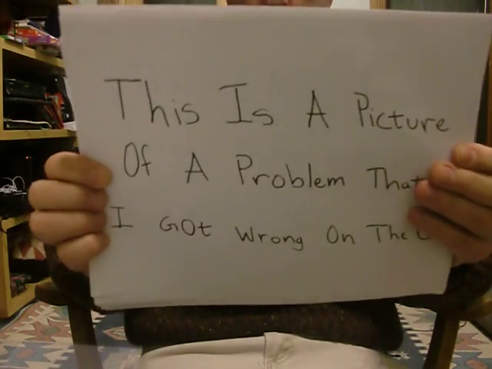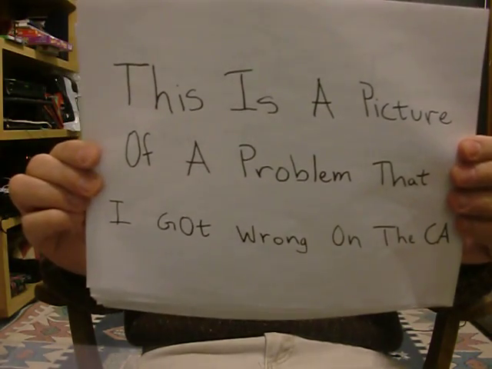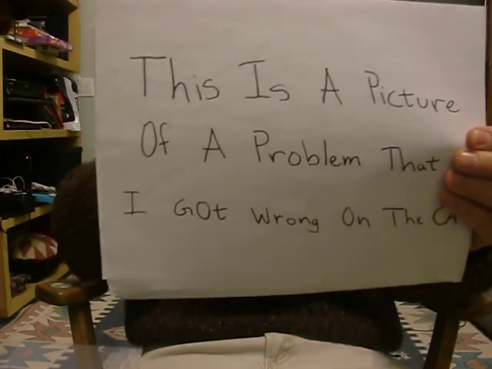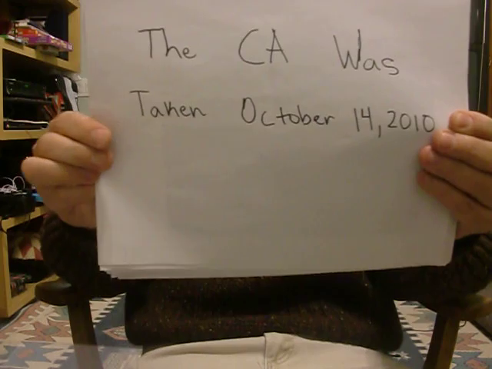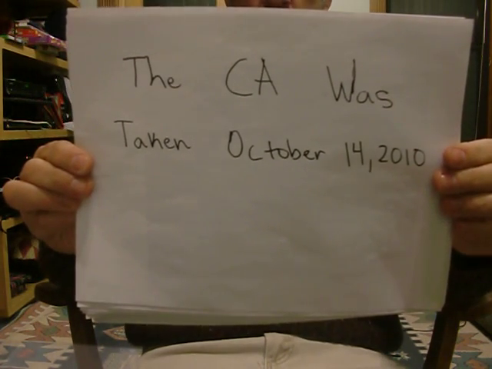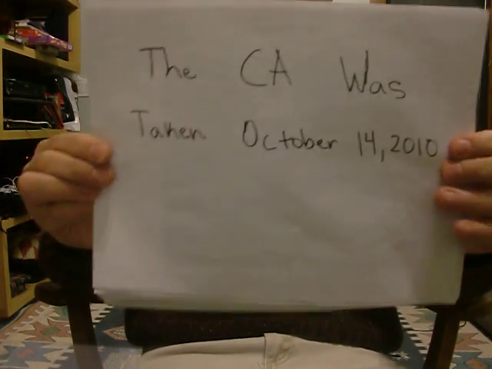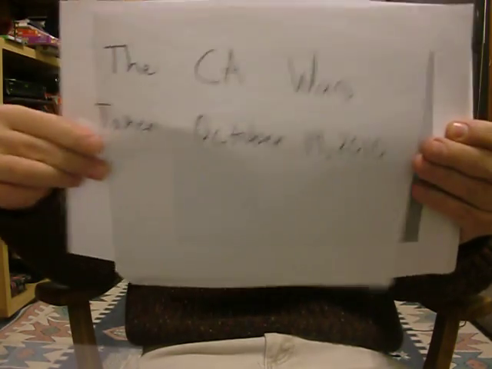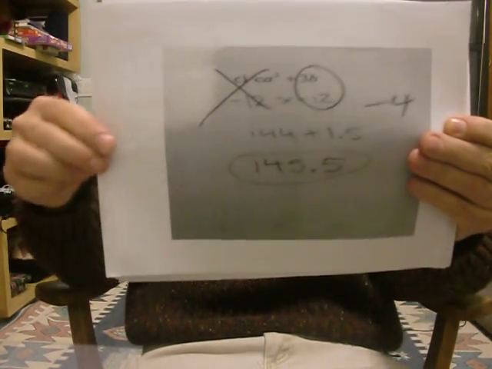This is a picture of a problem that I got wrong on the CA. The CA was taken October 14th, 2010. Here is the problem I got wrong on the CA.